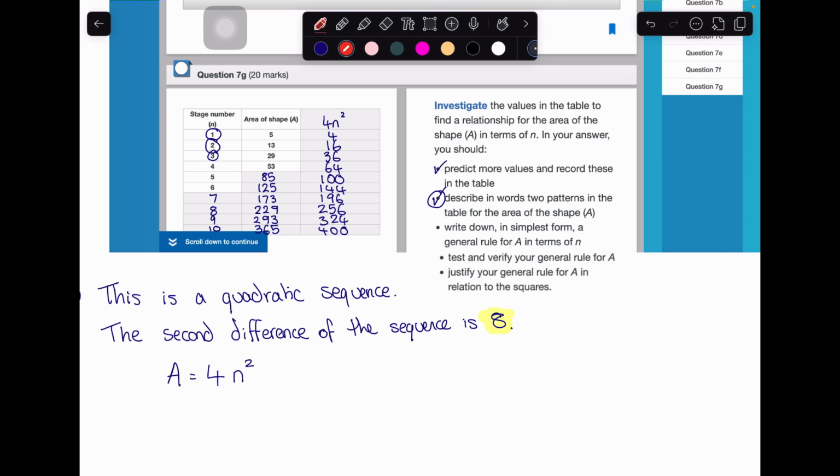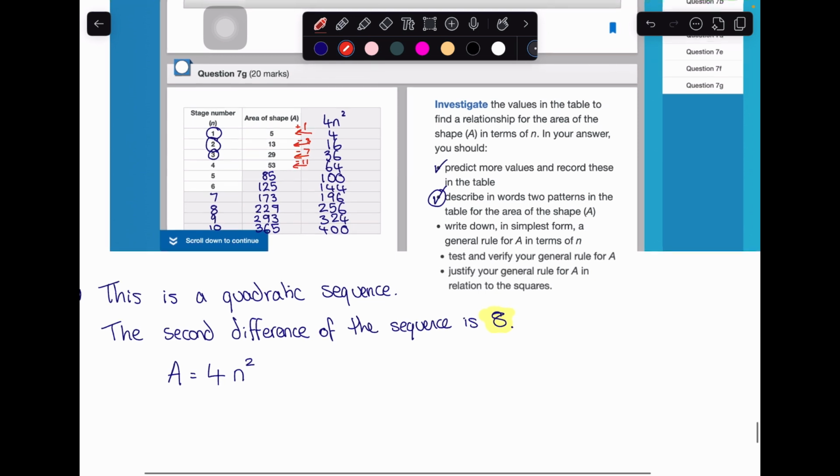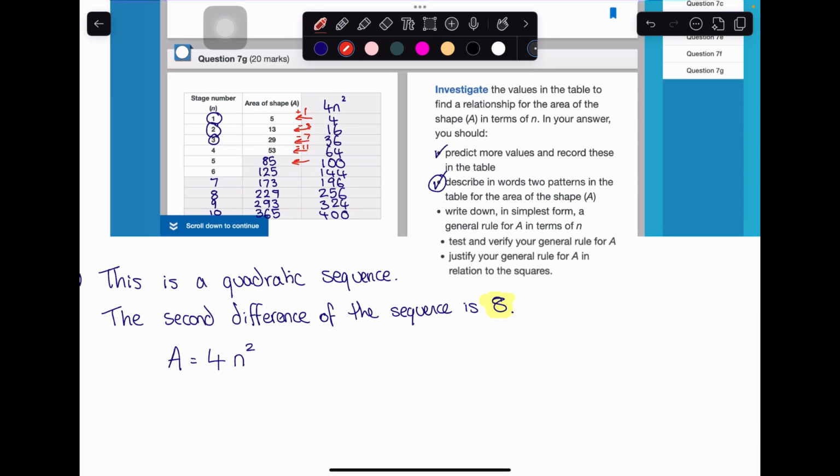Then I want to look at what the difference is here. Between these, here I have to add 1. Here I am subtracting 3. Here we are subtracting 7. Then I'm subtracting 11. If you look really carefully at the pattern here, and this is a hard one, we're actually going down by 4 each time.